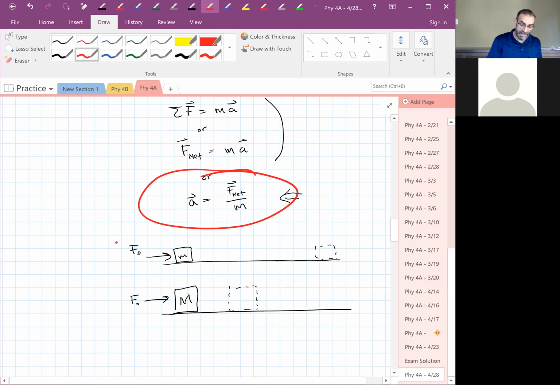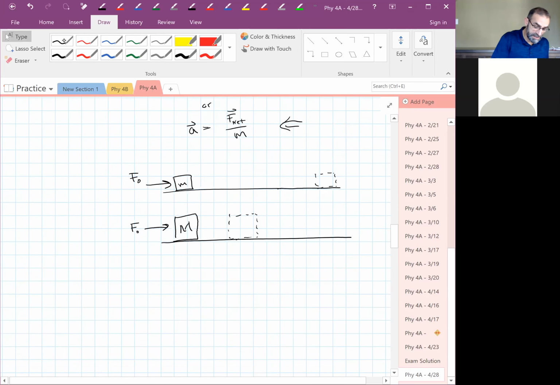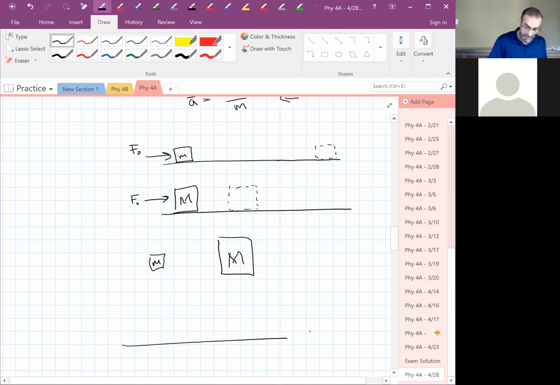And it also links things like the acceleration of gravity. So let's say we were to drop two objects. We want to drop these two objects and see how they move under the acceleration of gravity. Which one hits the ground first, right?